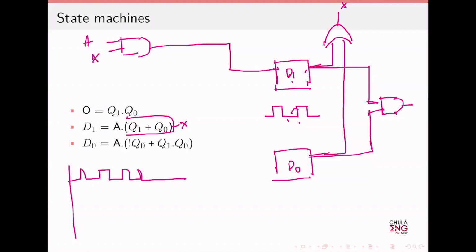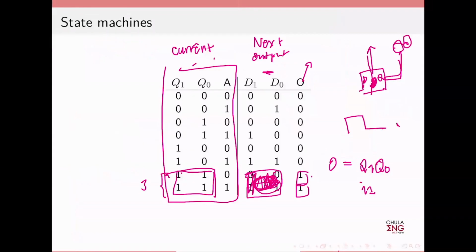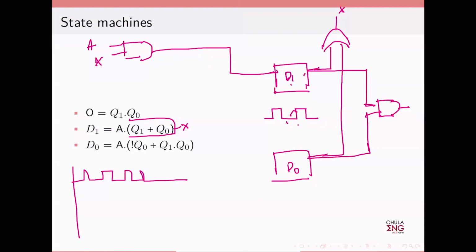So the value here, when it's a transition from state 2 to 3, right? From state 2 to 3, it only changes when we're in state 2 and input A is 1. So between that, what's stored here is 1, 0. State 2 is 1, 0.